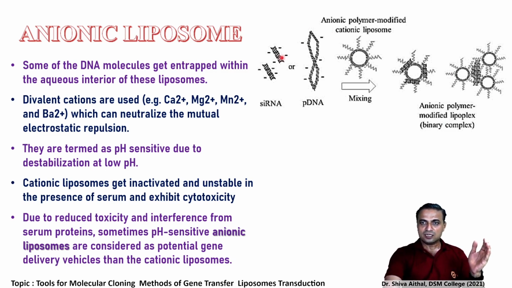Okay, so here the mixing is done with, in this case, an anionic polymer, which is a modified cationic liposome. The cationic liposome is modified, and an anionic polymer is made to coat it, and an anionic polymer modified lipoplex is formed. It means the basic liposome is cationic, but you have an anionic polymer coated with it.